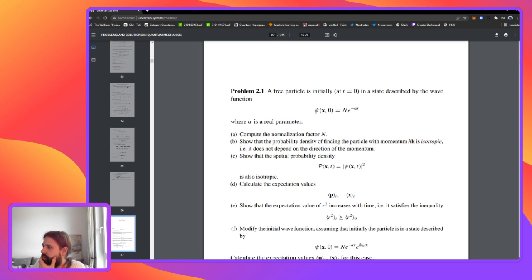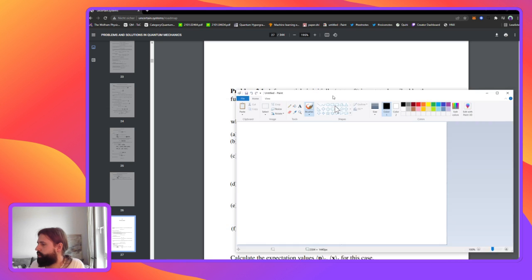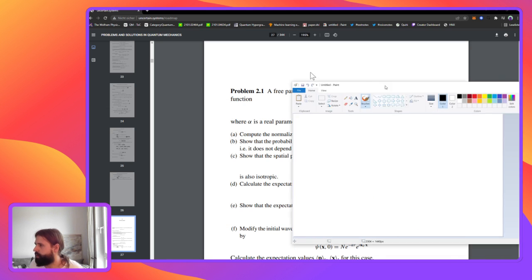Basically, this is going to be something as basic as a guess. Let's open Paint and try to do a guess for the normalization factor.